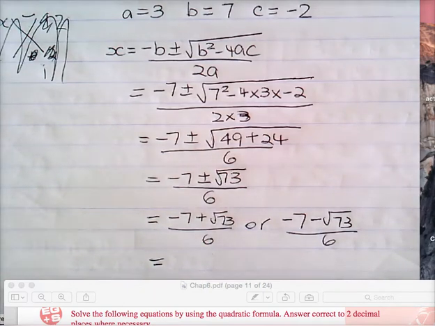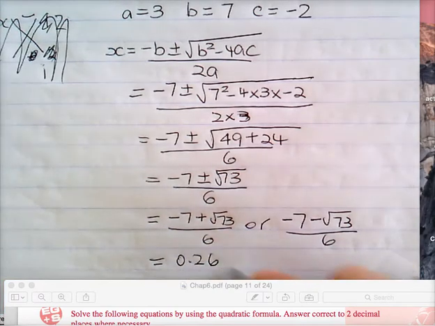In year 11 and 12, we leave it like that, but in year 10, they ask you for two decimal places. So can you go negative 7 plus root 73, divided by 6.